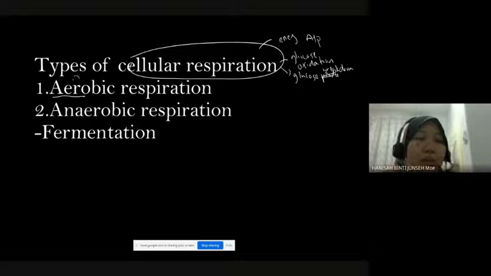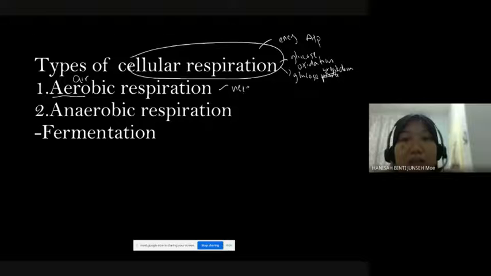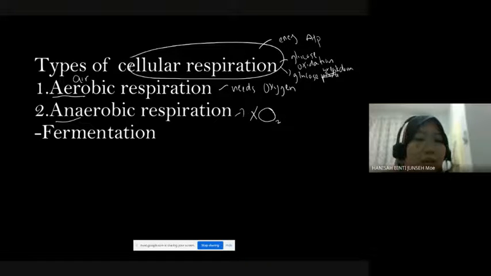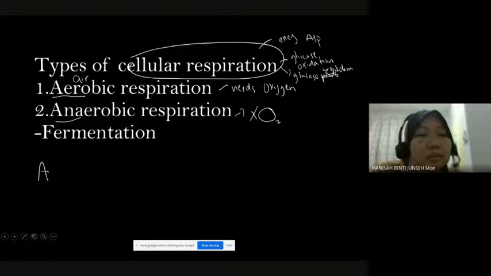Aerobic stands for air. So aerobic respiration needs oxygen. Anaerobic doesn't need oxygen. Ataupun cara senang mau ingat, this is a tip from during KBSM, so it's in BM.